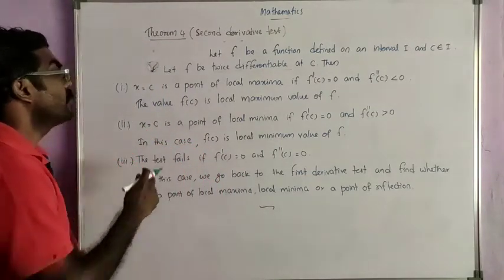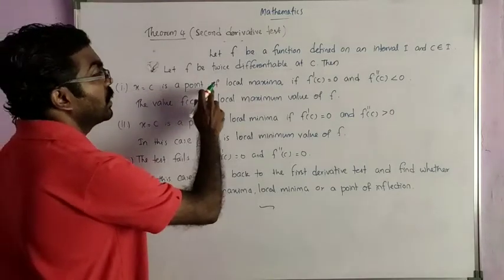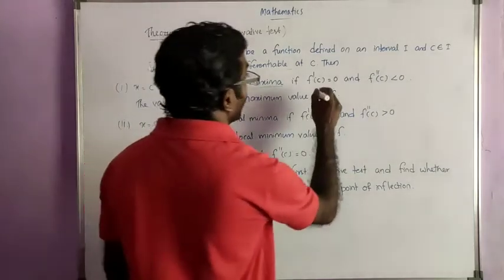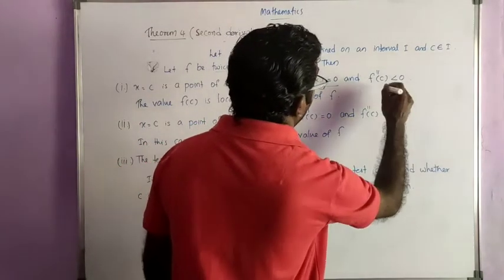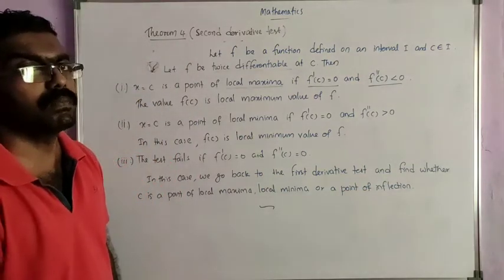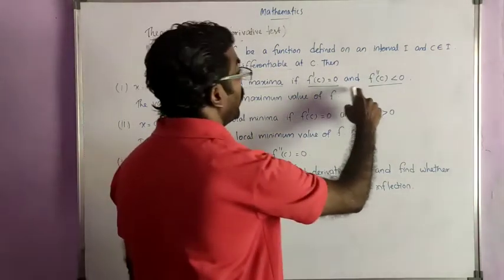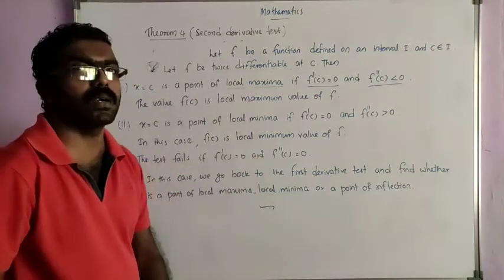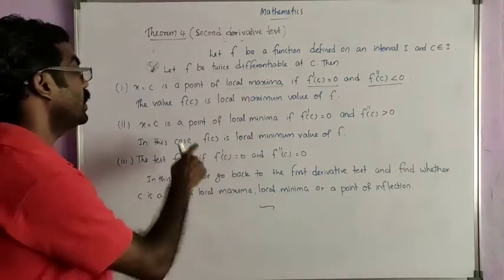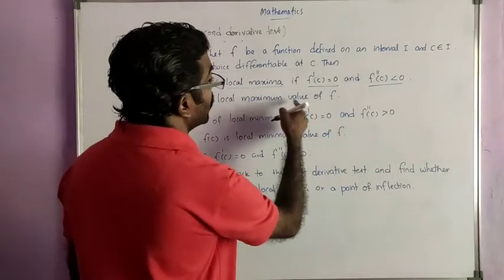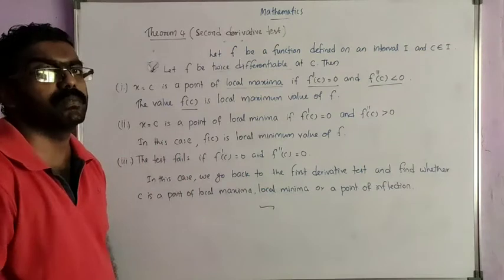Then x equal to c is a point of local maxima if f dash of c equal to 0 and f double dash of c is less than 0. If these two conditions are fulfilled, then we can say c is a point of local maxima. And the value f of c is called local maximum value of f.